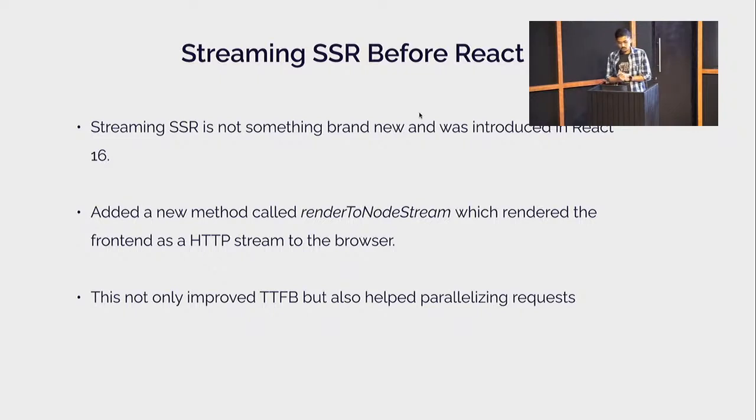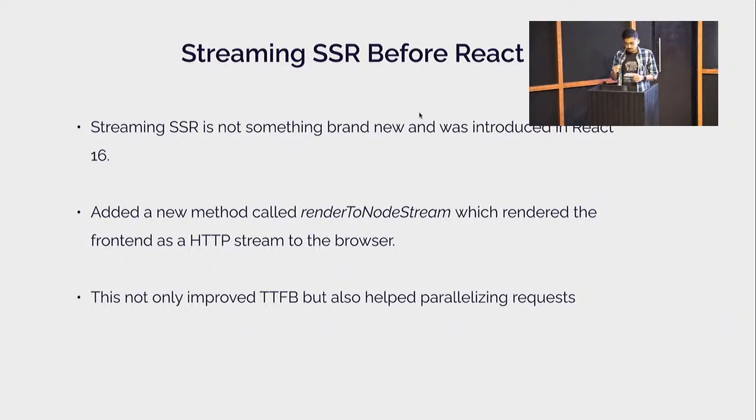What it allows you to do is, like we saw, there's the render to string method in server side rendering. It added a new method called render to node stream. What it does is that it renders your app as an HTTP stream to the browser. So the browser can start receiving the HTML in chunks while the page is rendering.